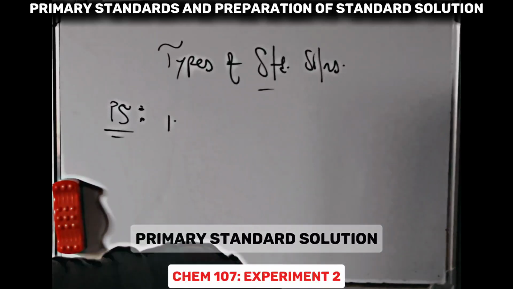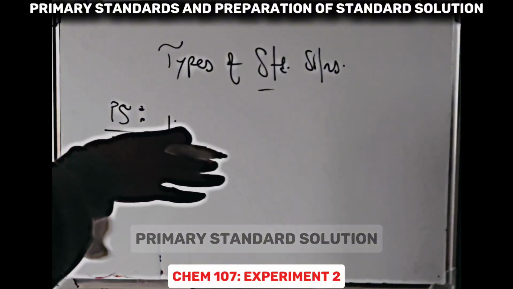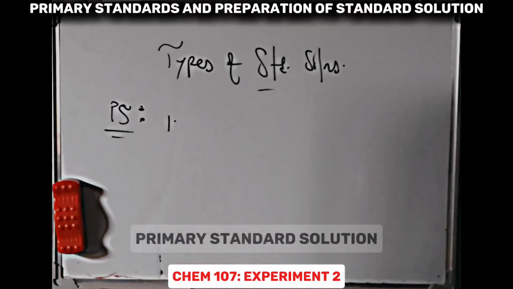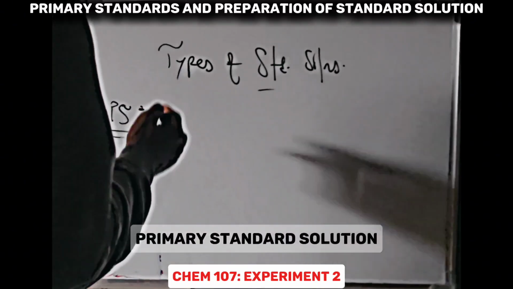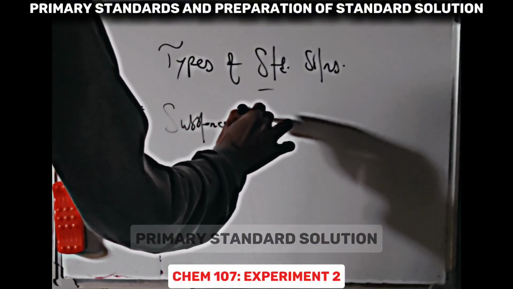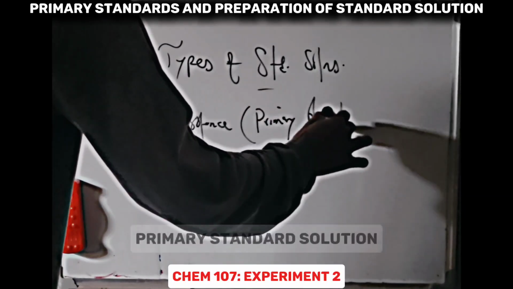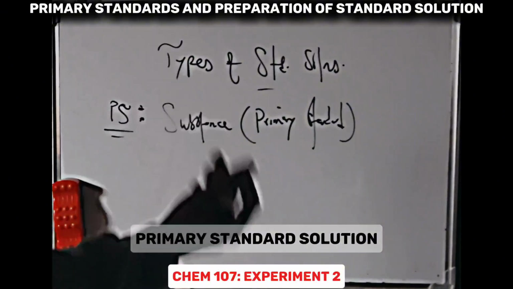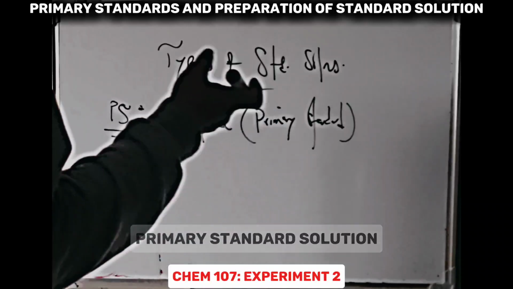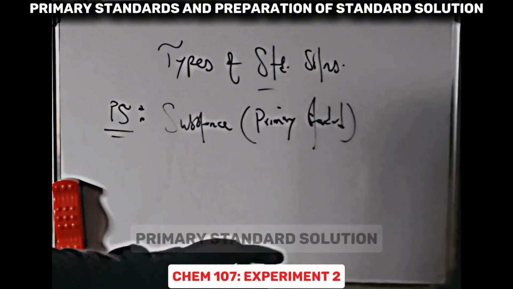But don't forget, the primary standard solution is actually used to standardize secondary standard solutions. Any substance acting as a primary standard is used to standardize a secondary standard. In any case, their concentrations are known.